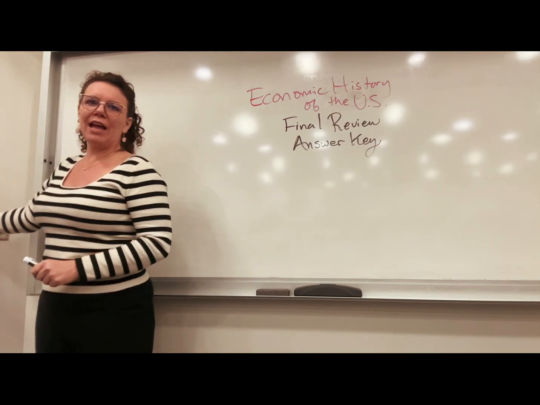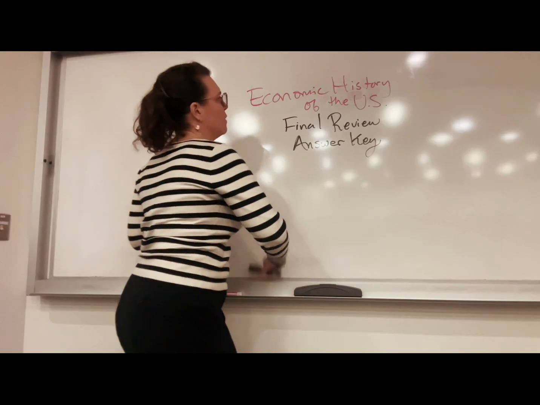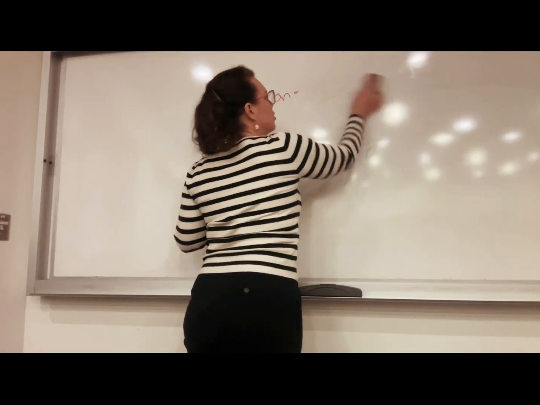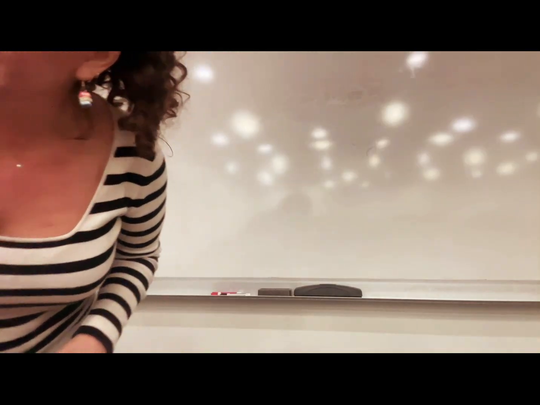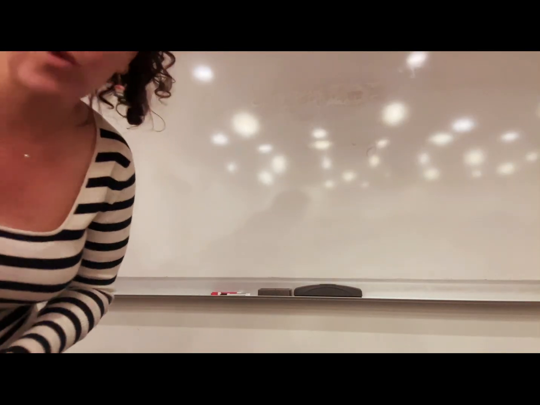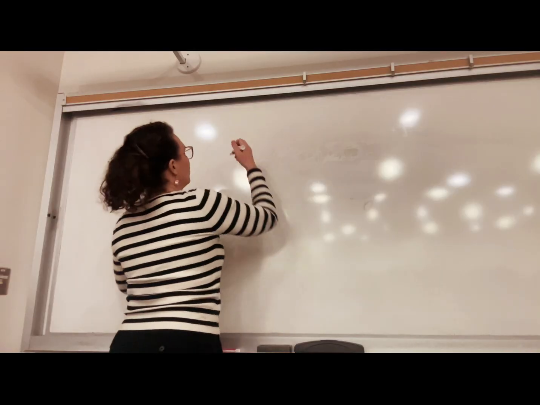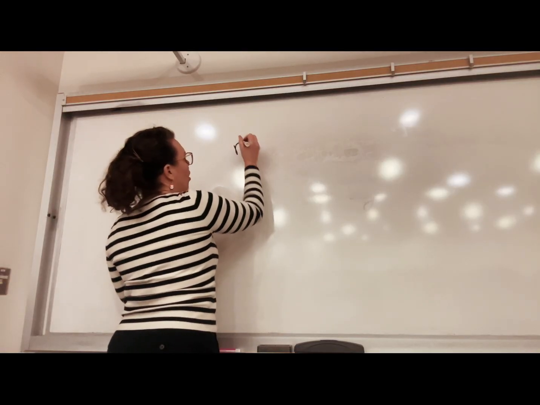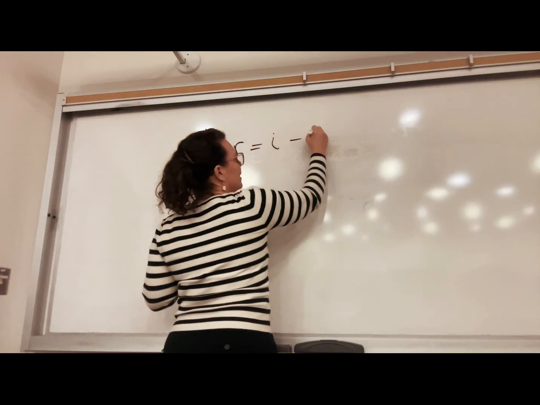And so when we're looking at real versus nominal interest rates, what we want to remember is that nominal interest rates are the interest rates we see in the market, and then the real interest rates are controlled for inflation or adjusted for inflation. So the real interest rate, r, is going to be equal to the nominal interest rate minus inflation.